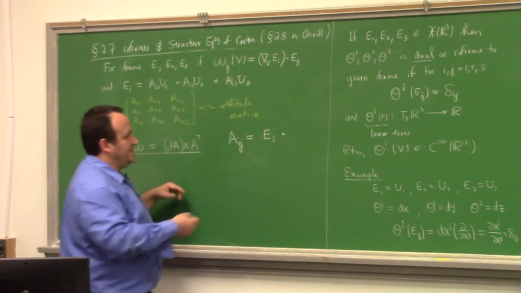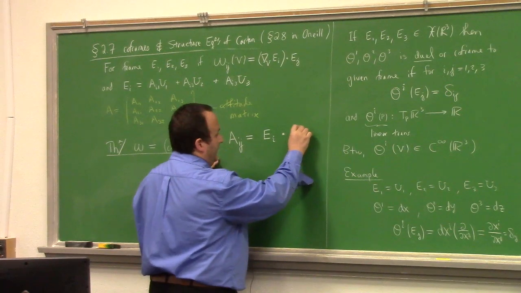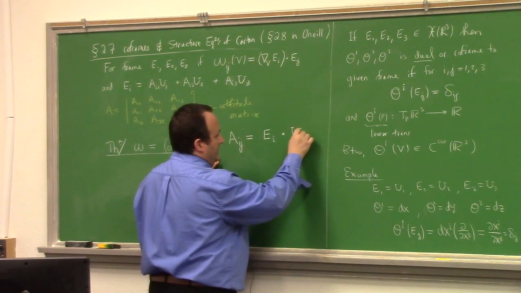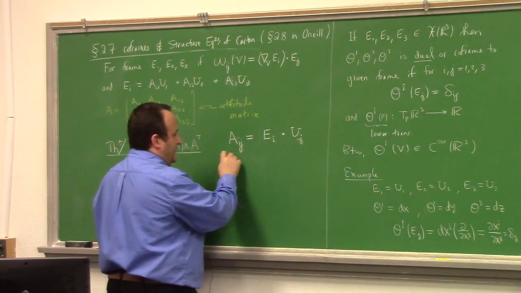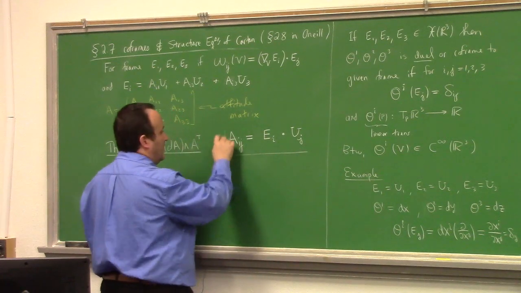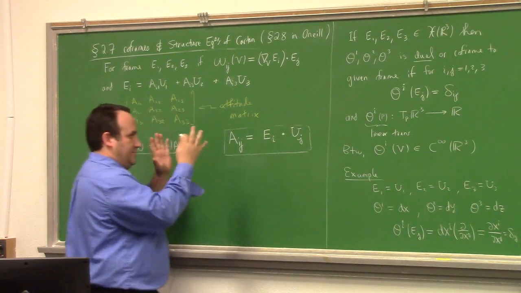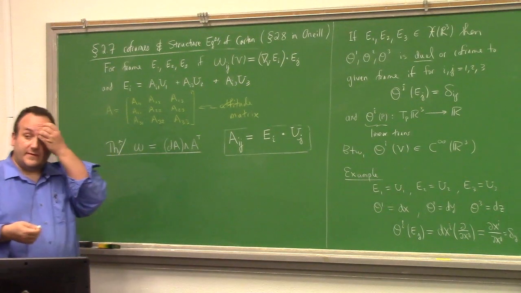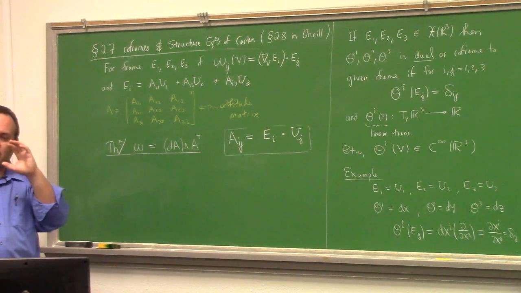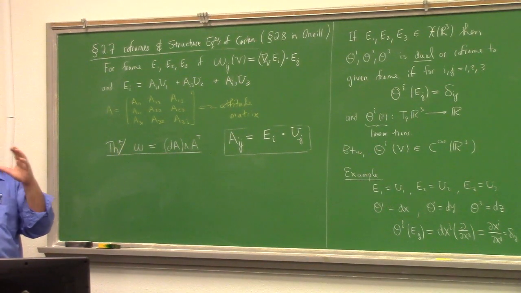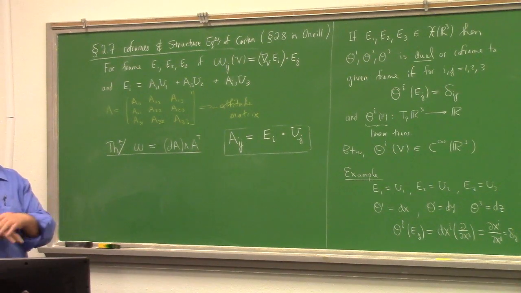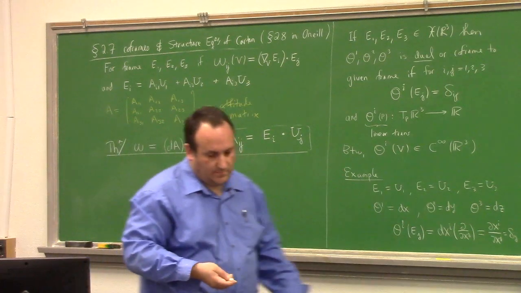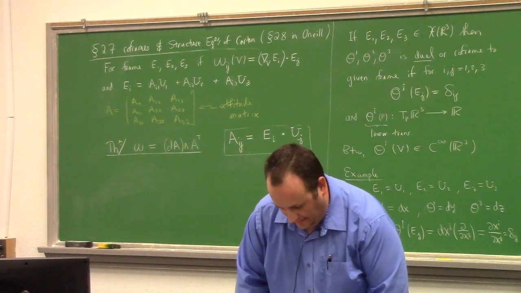So the formula is ei dot uj. And I'm certain that's something I pointed out in the video, but here we go. So that is a formula that we know for the attitude matrix. The attitude matrix relates the possibly non-Cartesian frame to the Cartesian frame in that way. All right.